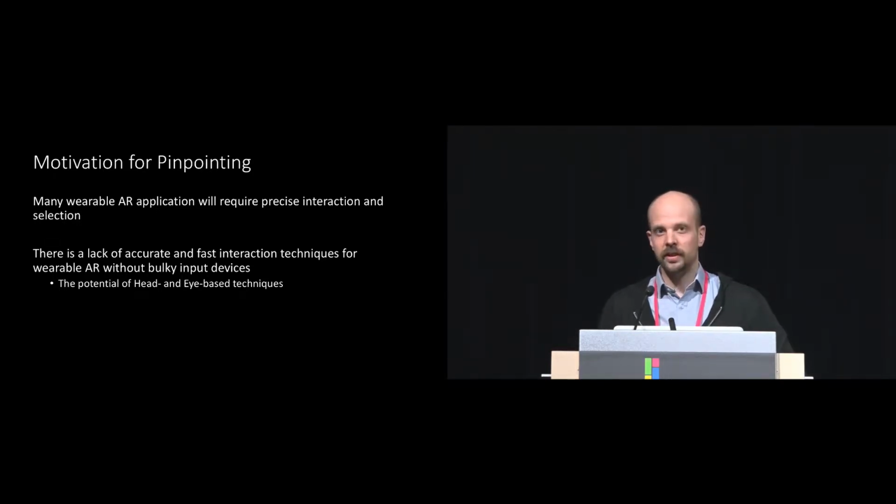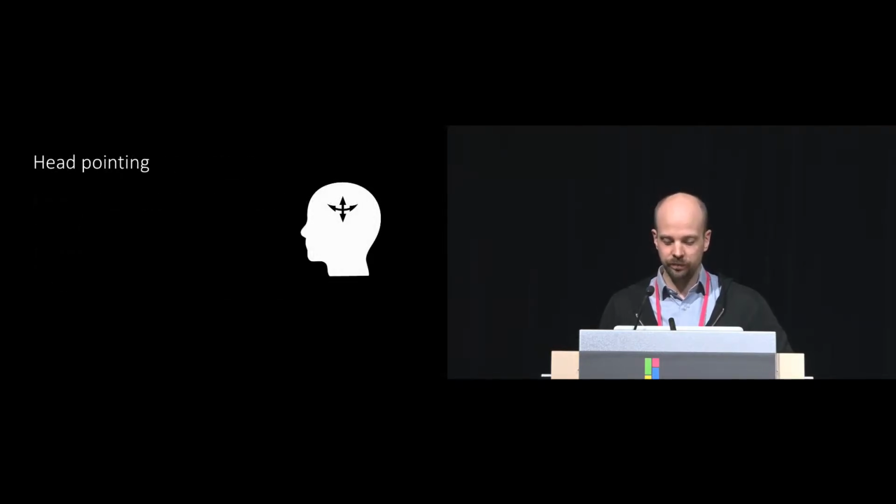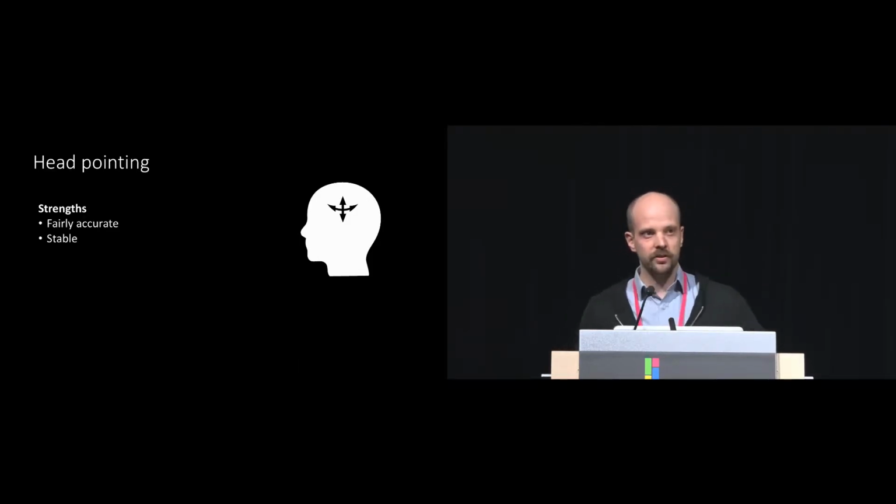So let's have a look first at the state-of-the-art technique, which is head pointing. Head pointing is based on the rotations that users do with their head, so they point their forehead towards objects. It's fairly accurate, although not as accurate as a mouse, and it's quite stable, more stable than eye movements.